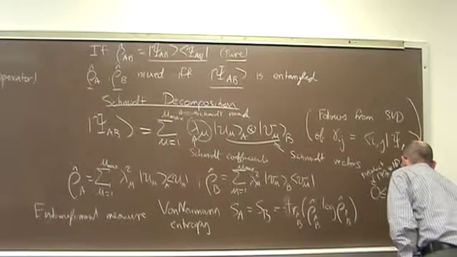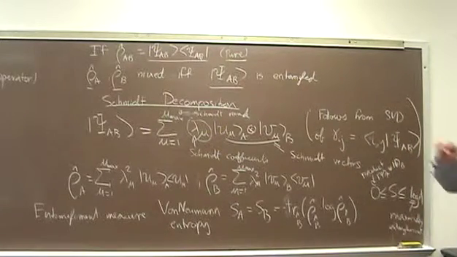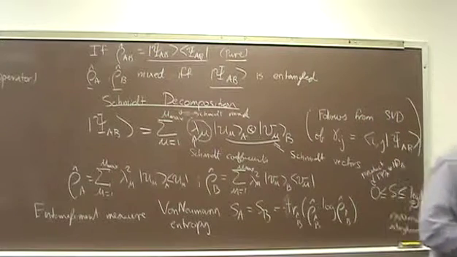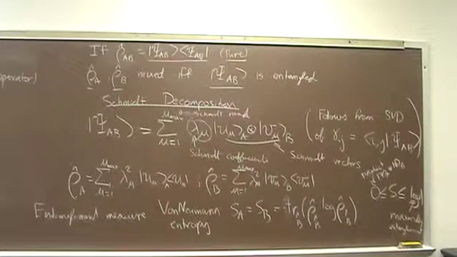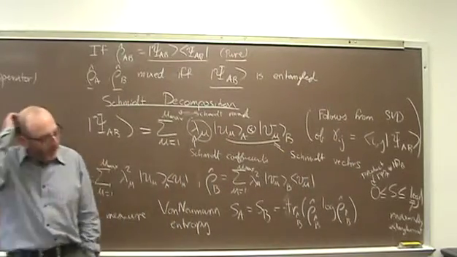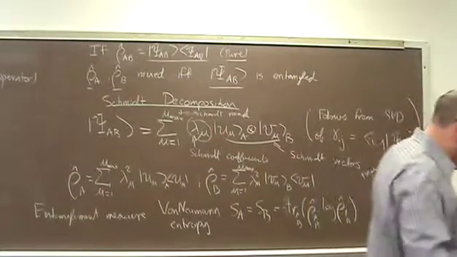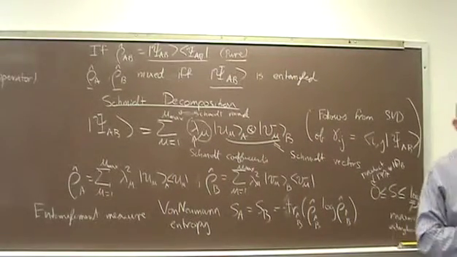And this D here, although I didn't say it, is the dimension of the smaller of the two dimensions. So the most entanglement you could have depends on the smaller of the two dimensions that we have. So one problem we'll look at in homework that we've looked at last semester is the Jaynes-Cummings model.